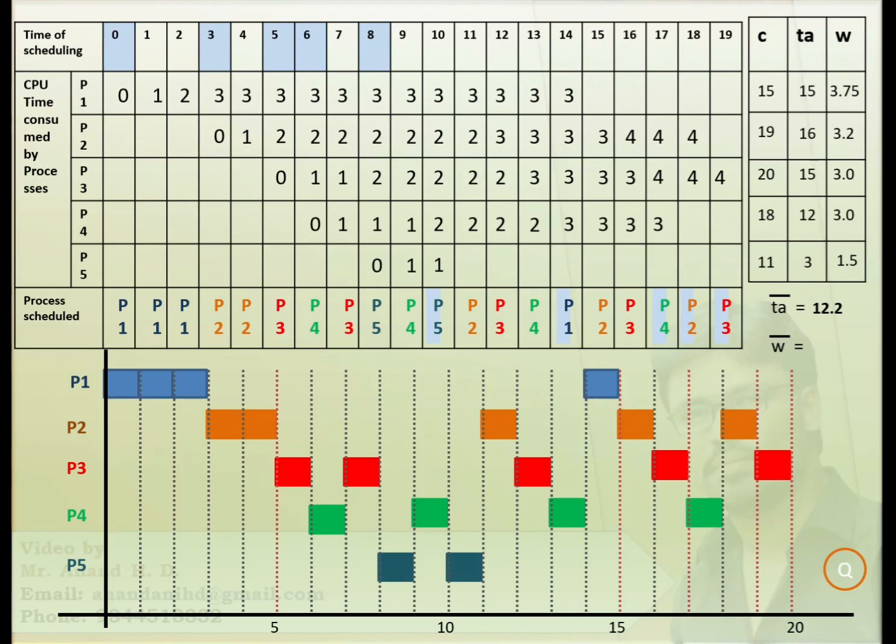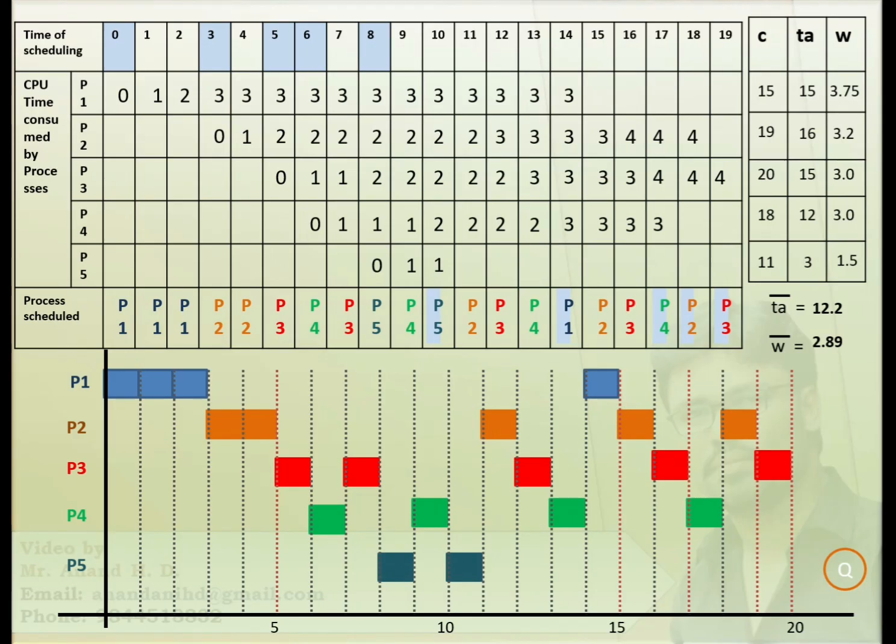That is the average turnaround time. Similarly, average weighted turnaround time is nothing but the sum of these individual weighted turnaround values divided by 5. So 3.75 plus 3.2 plus 3.0 plus 3.0 plus 1.5 gives you 14.45, divided by 5 gives 2.89 time units.